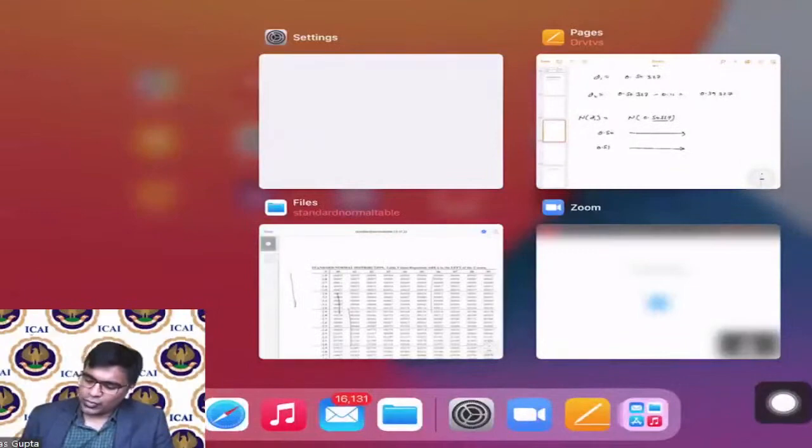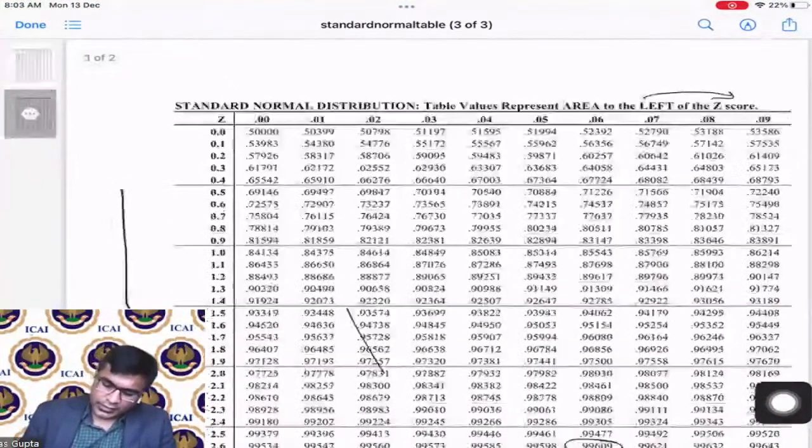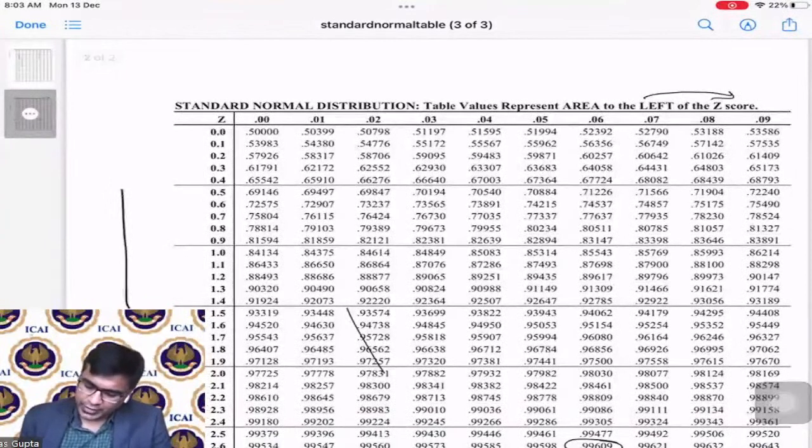If you need to refer to the standard normal distribution table, see, this is 0.5, correct? So 0.51 is this, and 0.50 is this value.